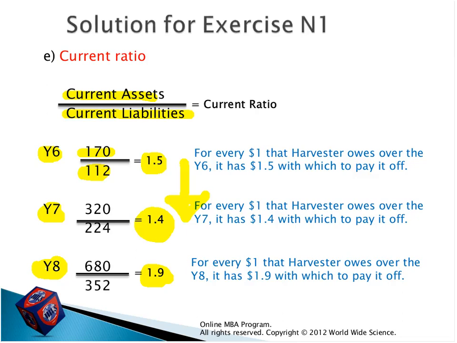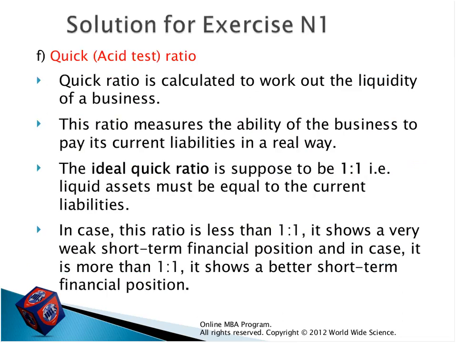Let's see the next ratio. So this is the quick asset test ratio. A little explanation about this ratio. The quick ratio is calculated to work out the liquidity of the business. So we're going to see the liquidity of our business. This ratio measures the ability of the business to pay its current liabilities in a real way by cash, which means the ideal quick ratio, the norm, is supposed to be 1:1, and liquid assets must be equal to the current liabilities.